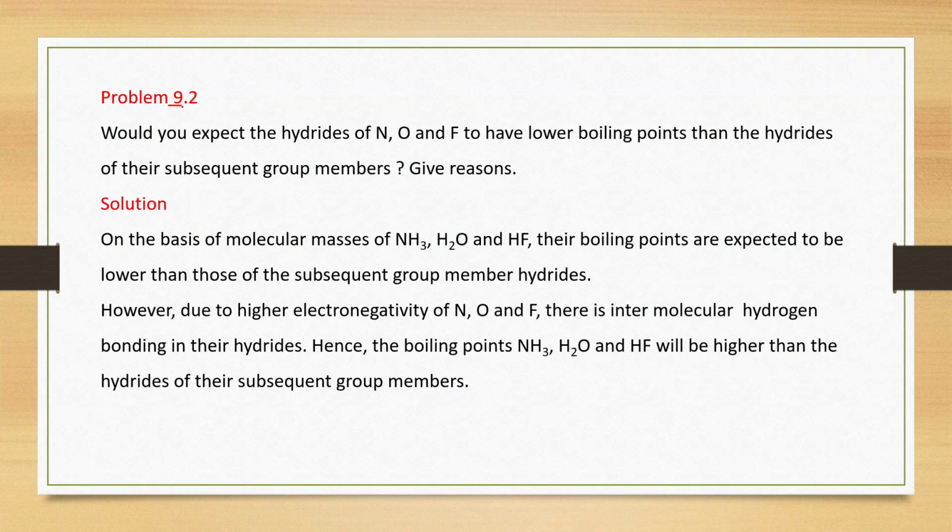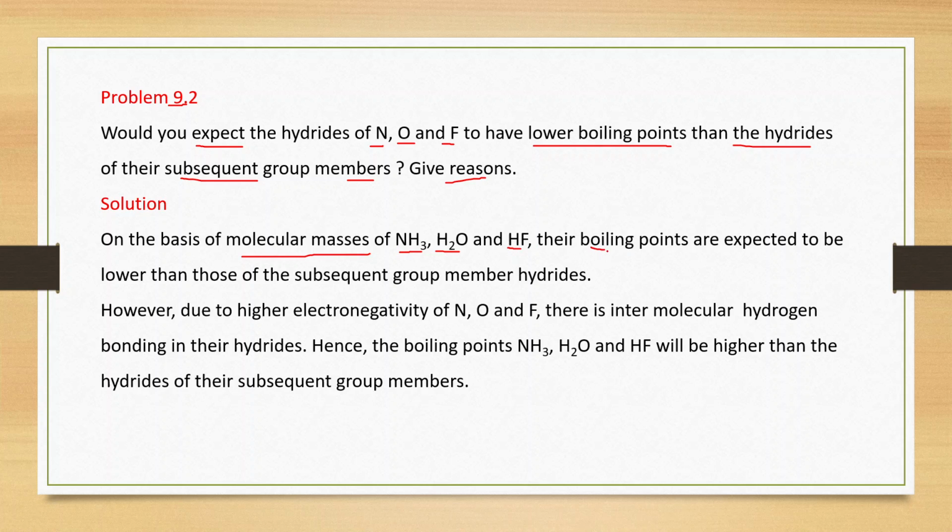Now problem 9.2. Would you expect the hydrides of nitrogen, oxygen and fluorine to have lower boiling points than the hydrides of their subsequent group members? Give reasons. On the basis of molecular masses of NH3, H2O and HF in their respective groups, these have the lowest molecular mass.